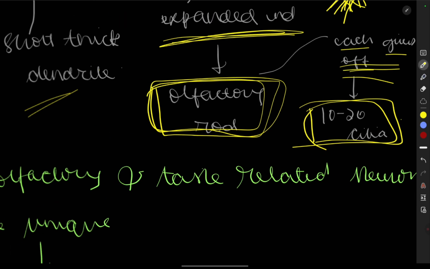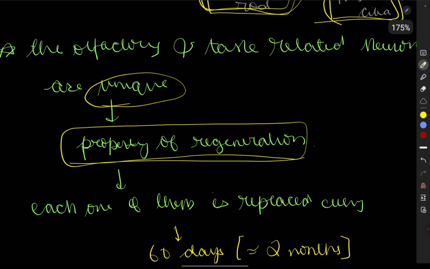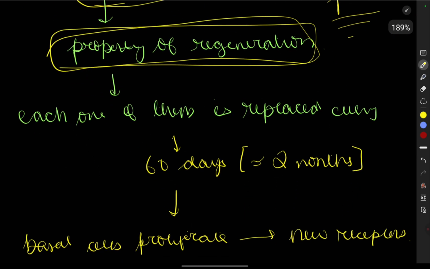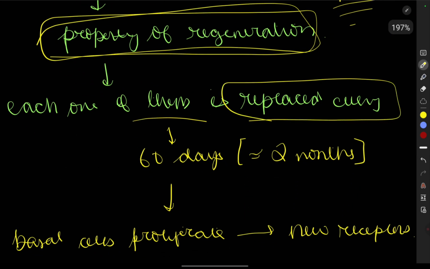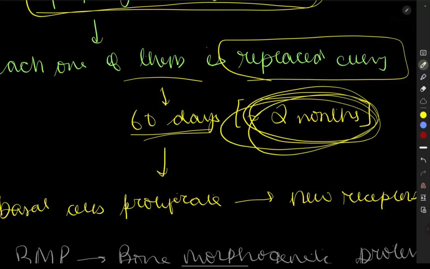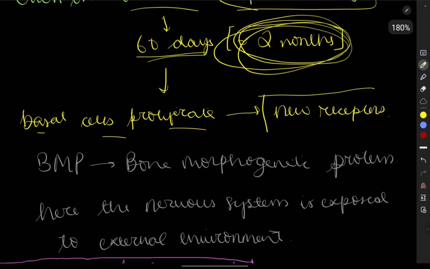Now these olfactory and taste related neurons are unique, because they have a property of regeneration. We saw about the progenitor cell, the basal proliferation cells. Each of them is replaced every 60 days, approximately 2 months, due to the basal cell proliferation that I already mentioned, which forms the new receptors.